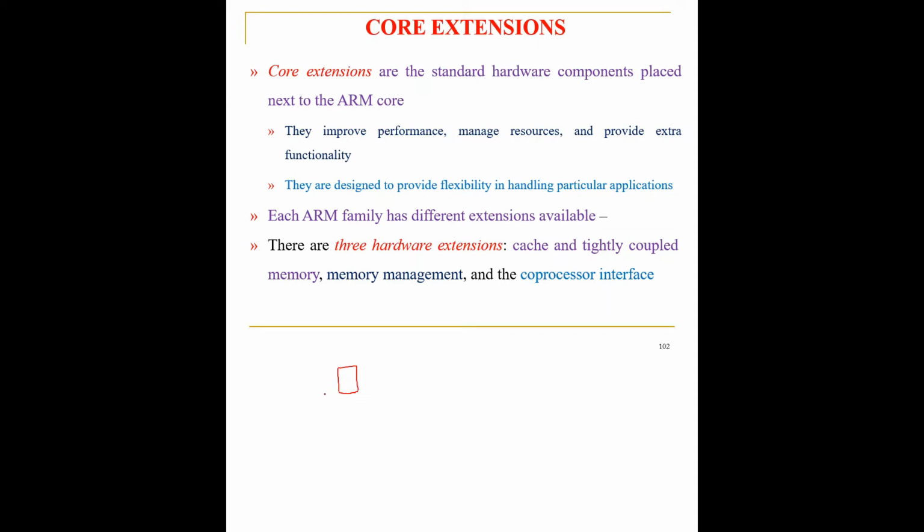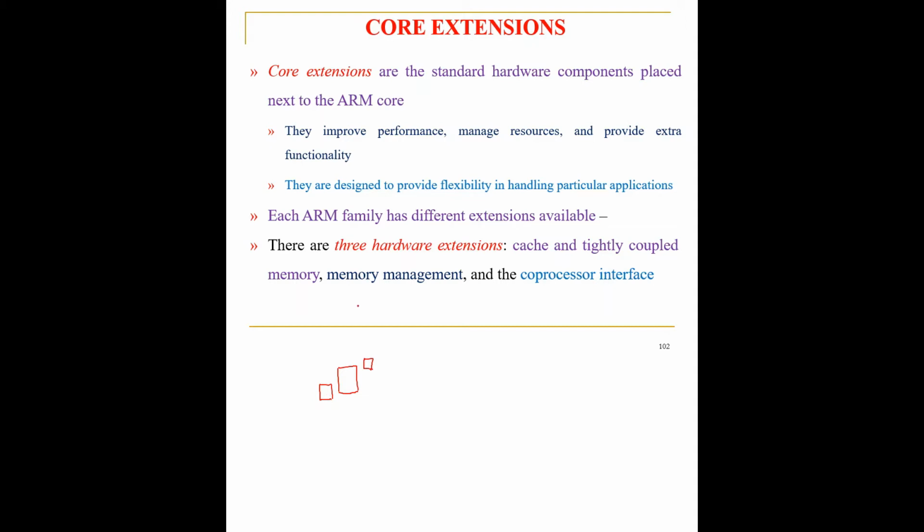What you are going to do is place an extra processor very close to the main processor with the functionality that is required. The way in which the core of the processor gets extended in order to do a particular function, or to improve the functionality of the processor, is called core extensions.